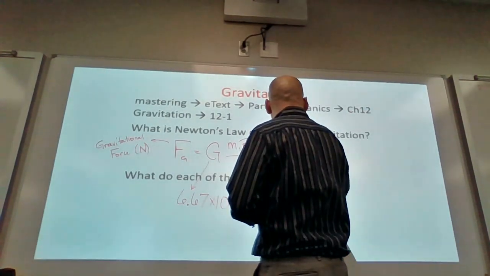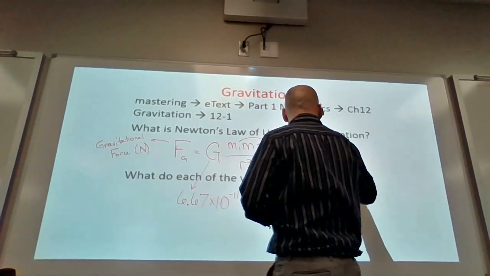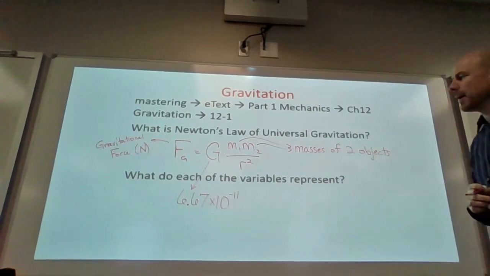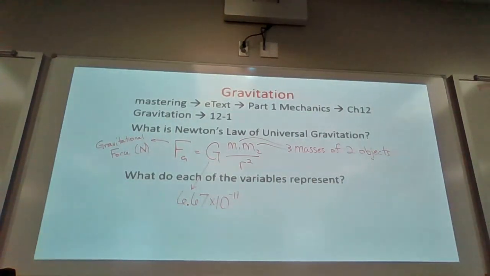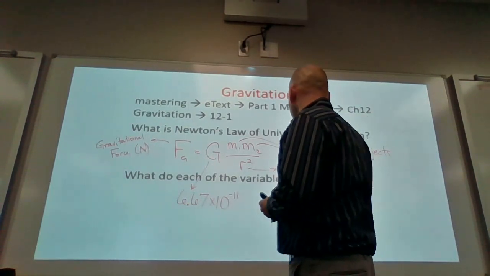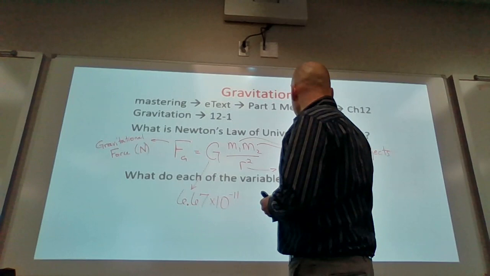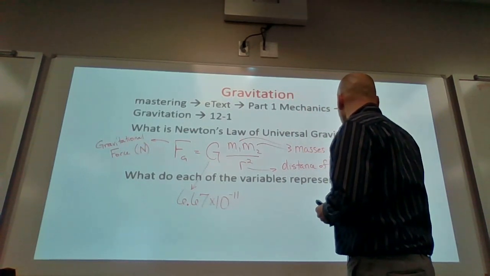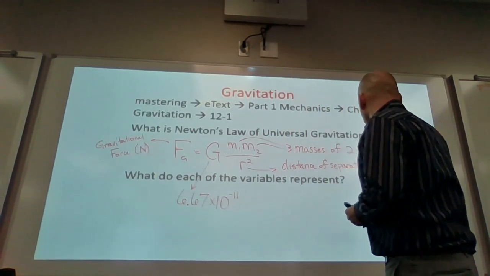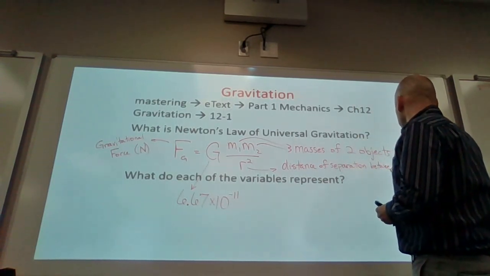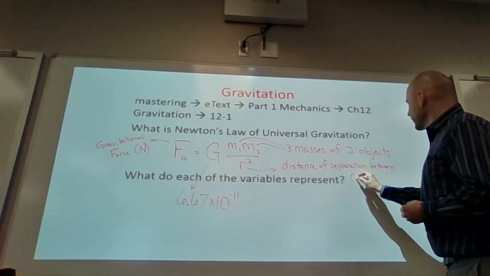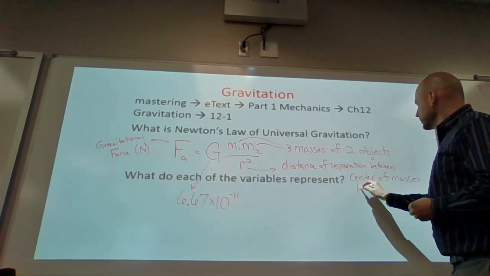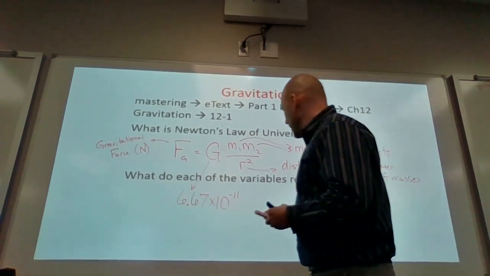M1 and M2 are masses of 2 objects. R is the distance of separation between the center of masses of 2 objects.